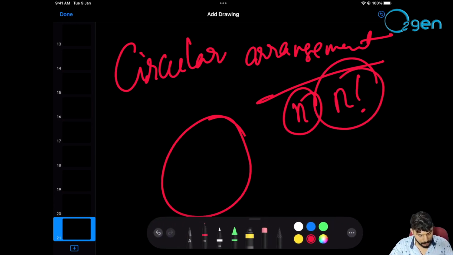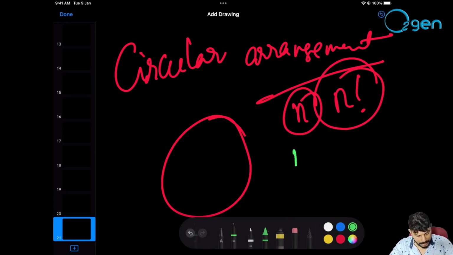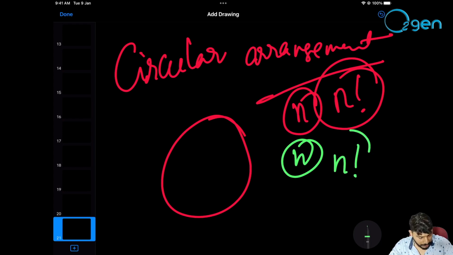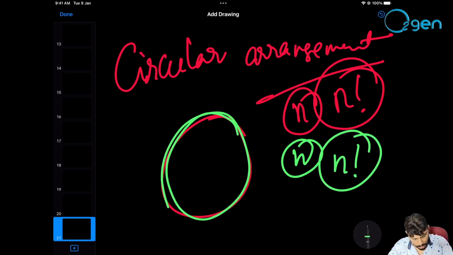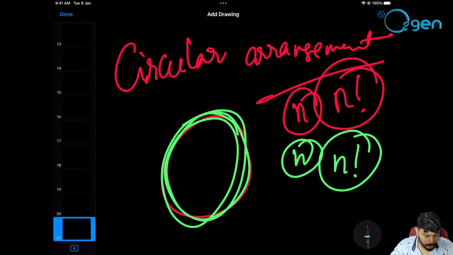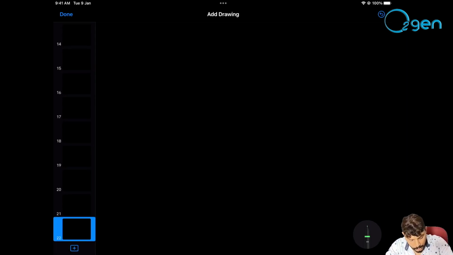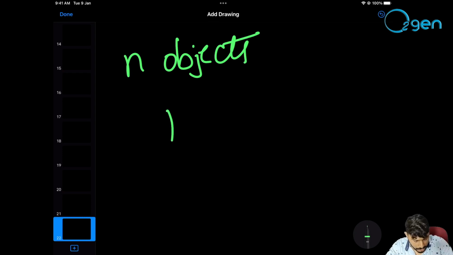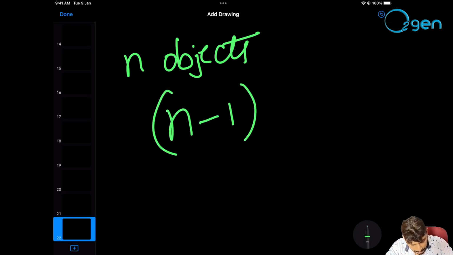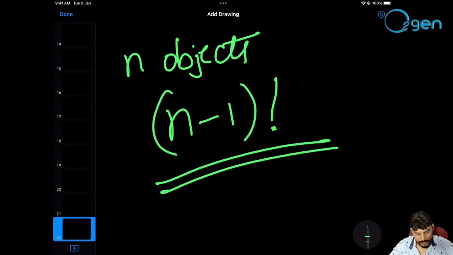But in a circular arrangement, that does not happen. For a circular arrangement, n objects can be arranged in n minus 1 factorial ways.